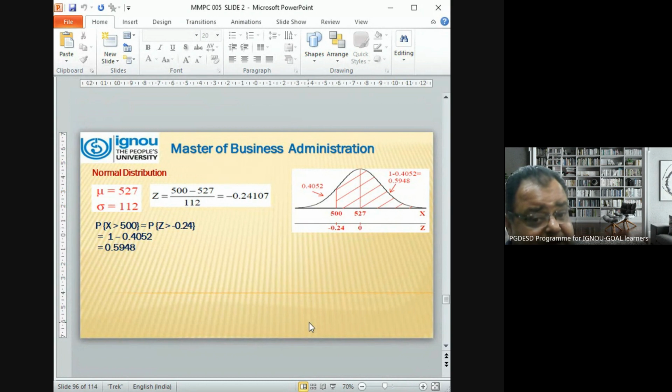That is the standard value of z value at negative 0.24. So that means your answer is 0.5948. The value of z will be provided to you in the problem.